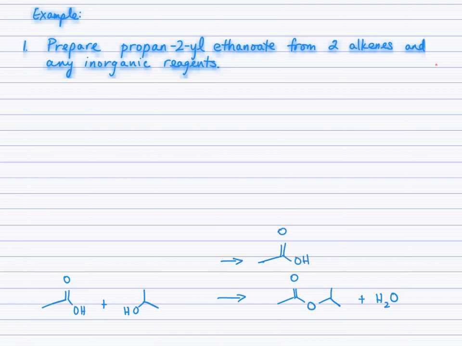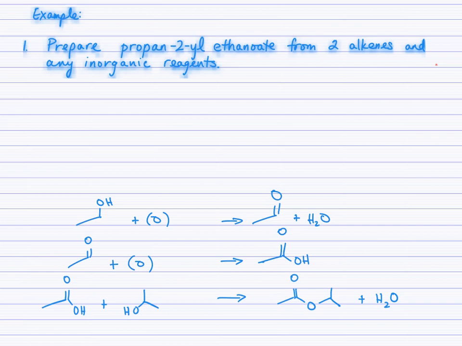So now I need to go into my series of reactions and remember how to prepare carboxylic acids. I recall that aldehydes are oxidized to carboxylic acids. Now that aldehyde's not an alkene, so I need to back up and prepare that aldehyde. And I remember that water's a second product there when a primary alcohol is oxidized.